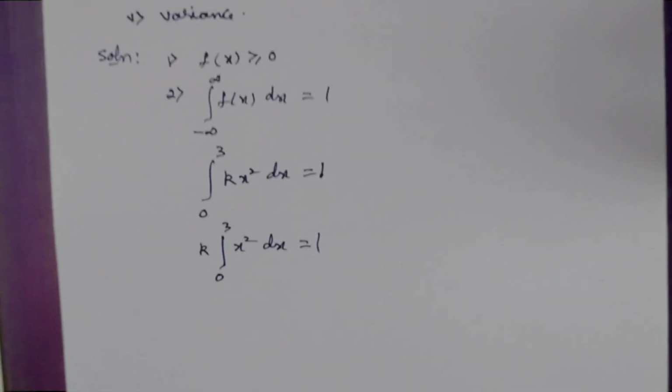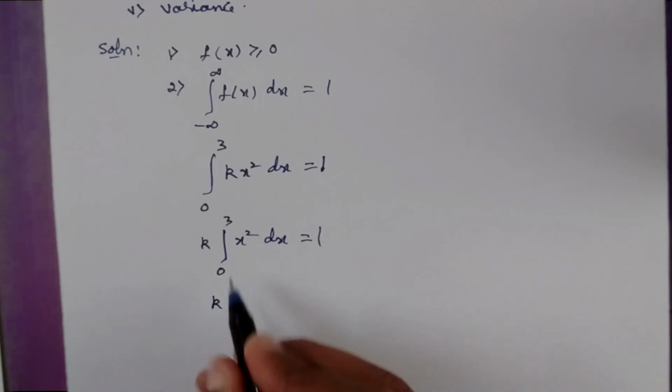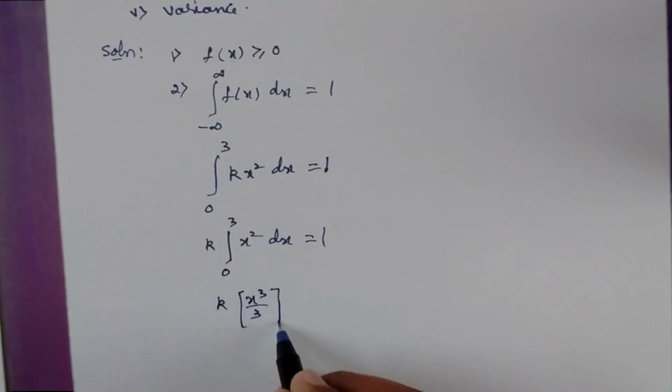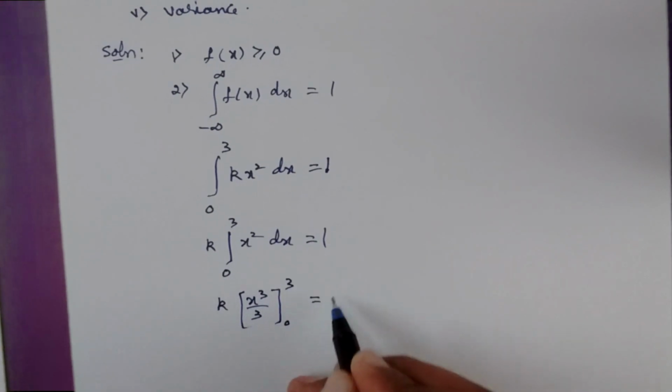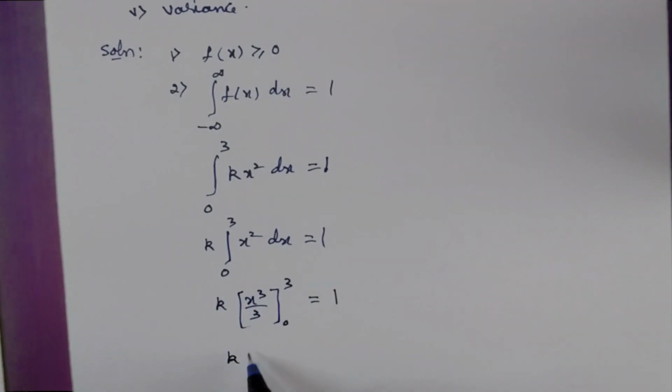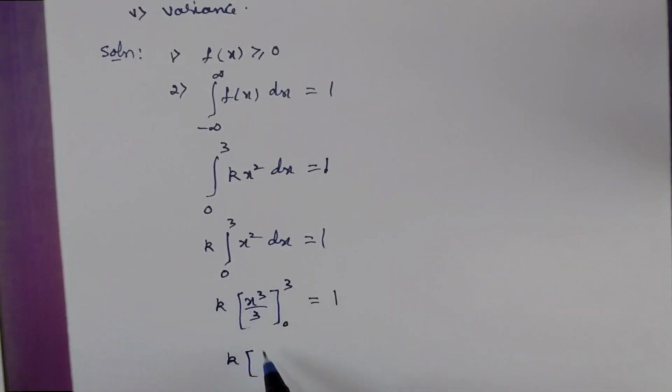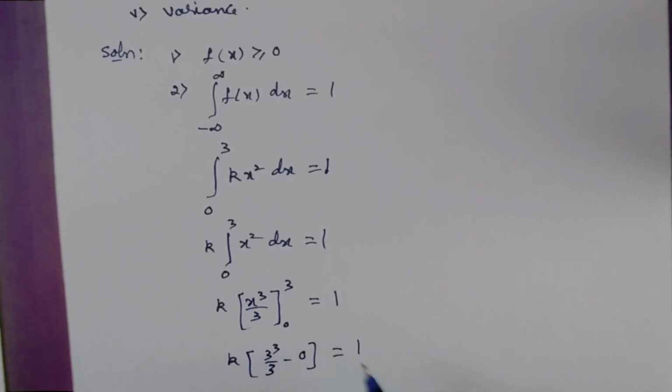You can just integrate this. So k as it is, the integral of x square will be x cube by 3, with limit values 0 to 3, and its value will be equal to 1. So k times, apply the limit over here, it will be 3 cube divided by 3 minus the lower limit value, which is 0, that will be equal to 1.